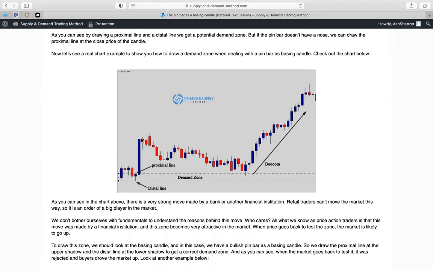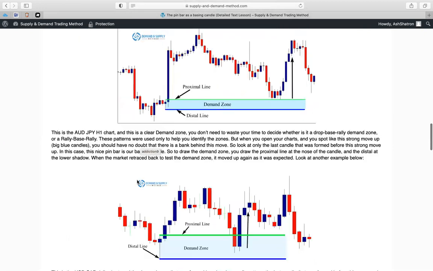This was a candlestick before the momentum rally. Your proximal line is going to be on the wick or on the body, right? If you have it on the body, this will hit your order and go back into your profit. So you can either put your proximal line on top of the wick, the high, or on the body. But your distal line is always going to be on the last wick, as you can see.